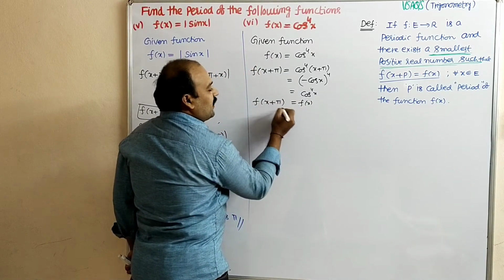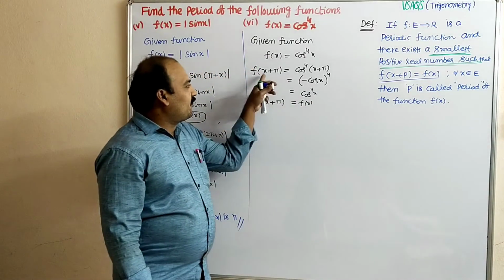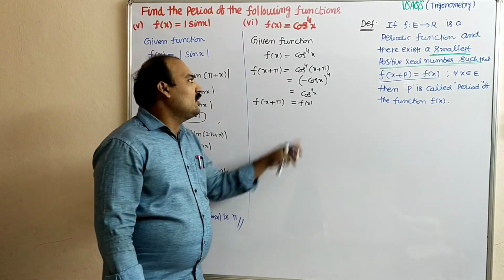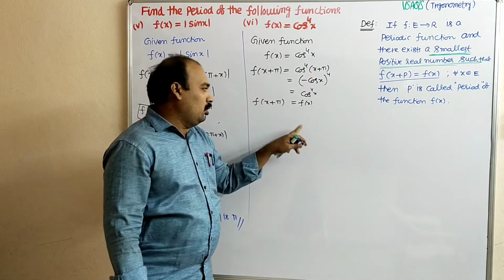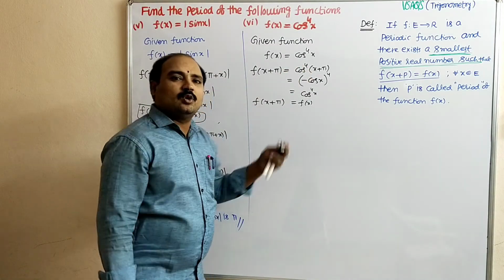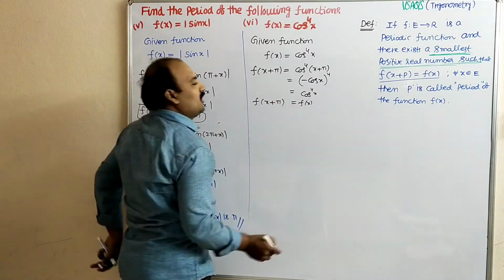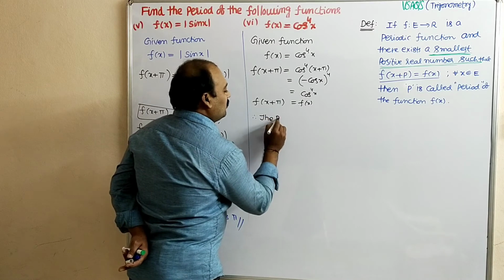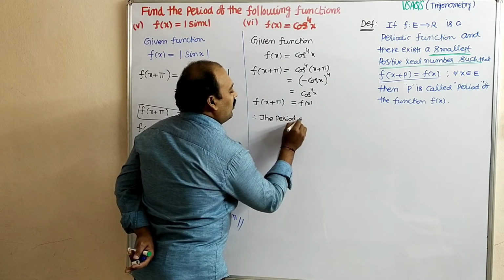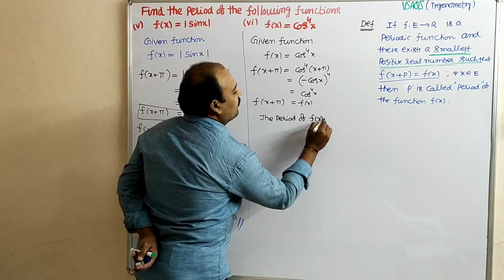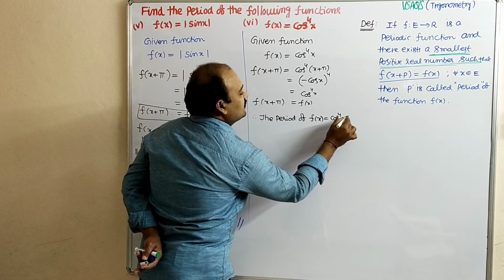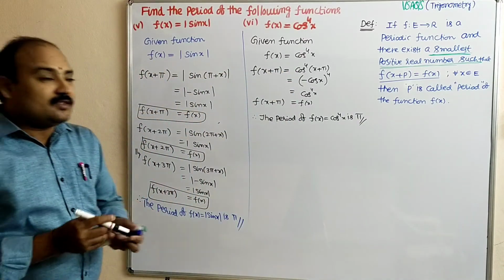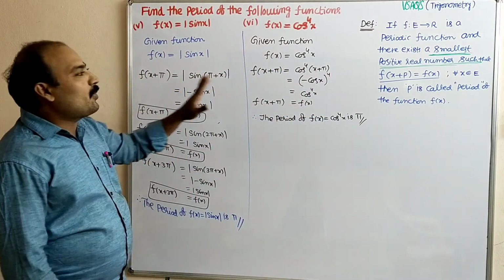So f of x plus pi is equal to f of x. Similarly, f of x plus 2 pi, f of x plus 3 pi, f of x plus 4 pi and so on all work, since the power is an even number and you get cos x anyway. Among these, pi is the smallest. So the period of the given function f of x equal to cos power 4x is also pi. Based on the definition, we have to do these types of problems.